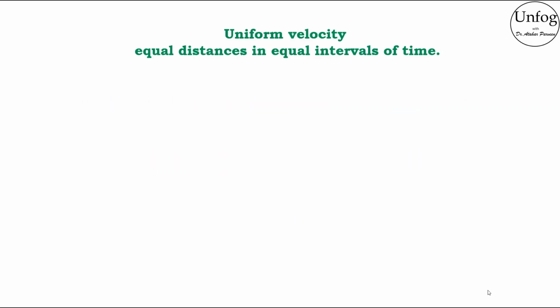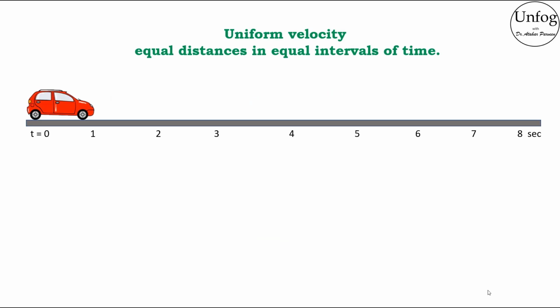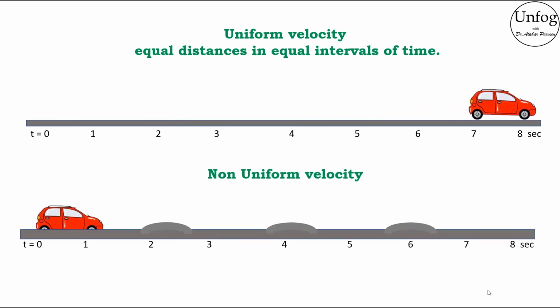A body is said to have uniform velocity if it covers equal distances in equal intervals of time in a specified direction. In general, moving bodies do not have a uniform velocity. For example, a car moving on a bumpy road does not have a uniform velocity.